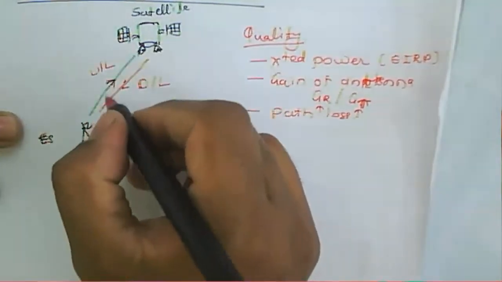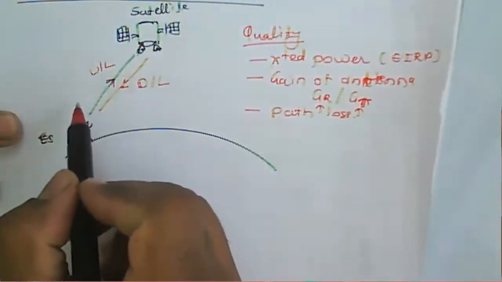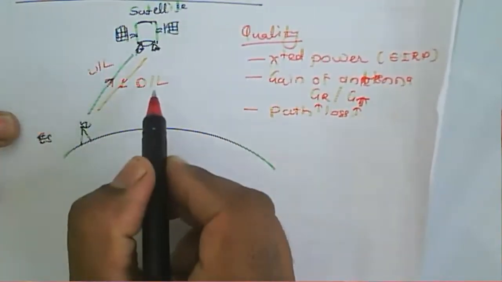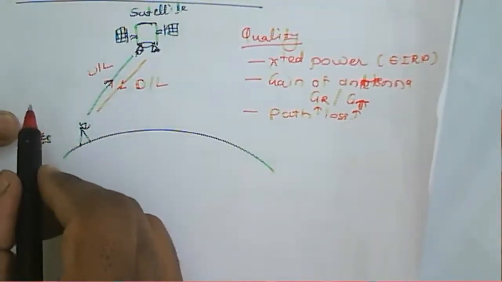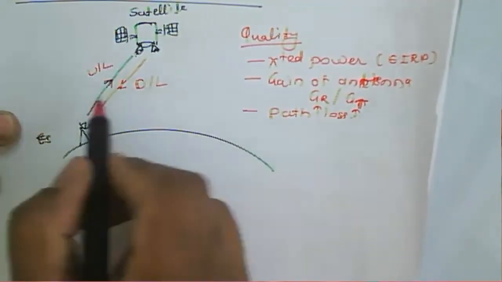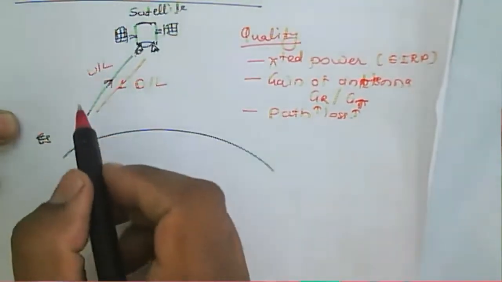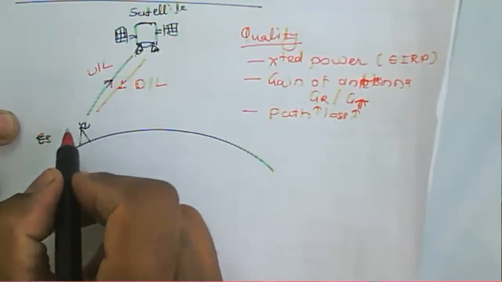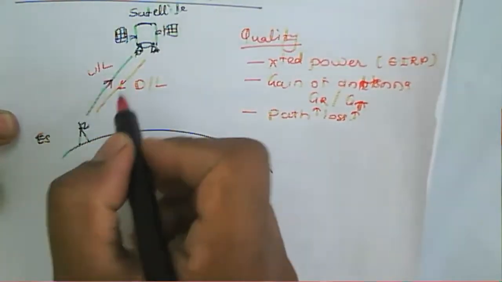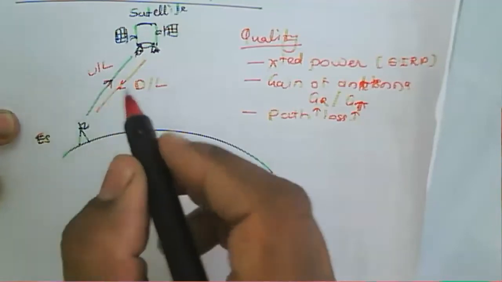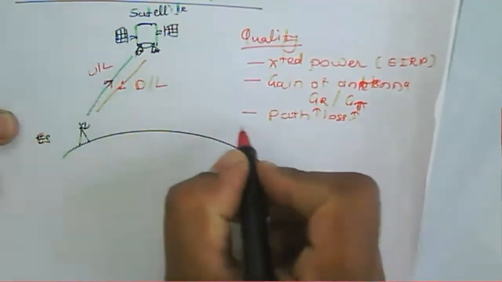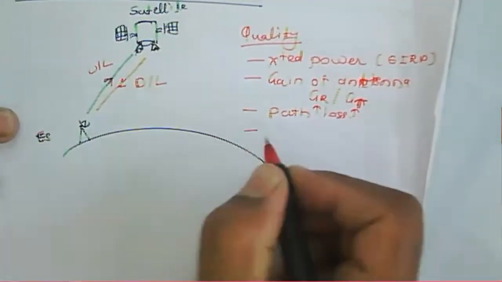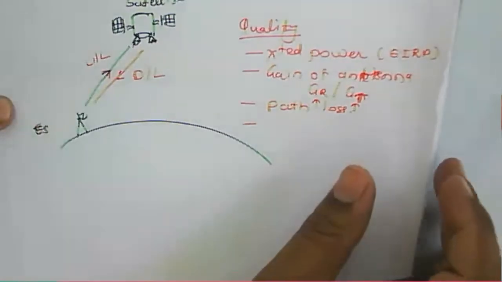In between, there is the atmospheric region. In that atmospheric region, gas molecules and ion molecules are present, as well as clouds in the rainy season. What happens to the transmitted or received signal because of those gas molecules, ions and clouds?